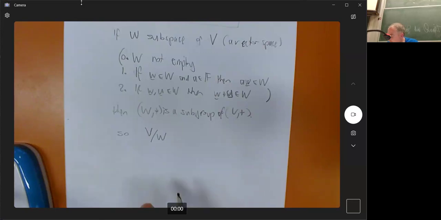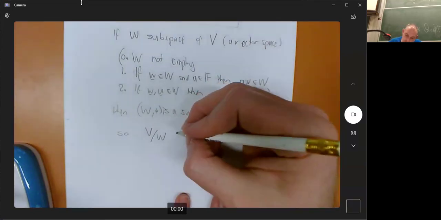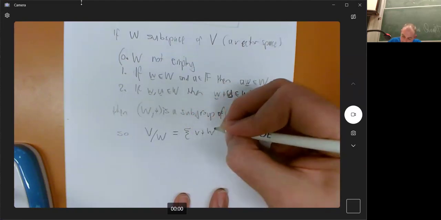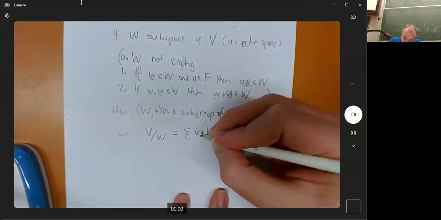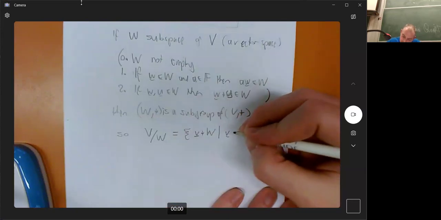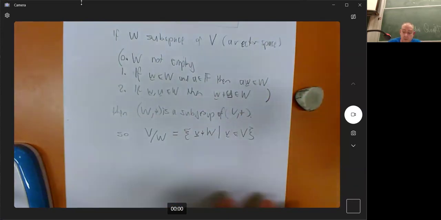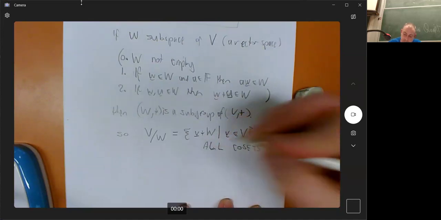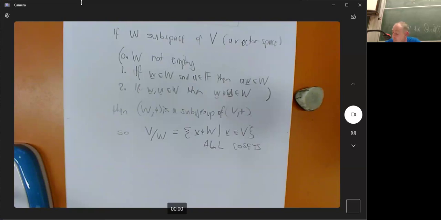That's how you write a quotient group, right? It's the set of all the cosets. And it turns out that that's enough.